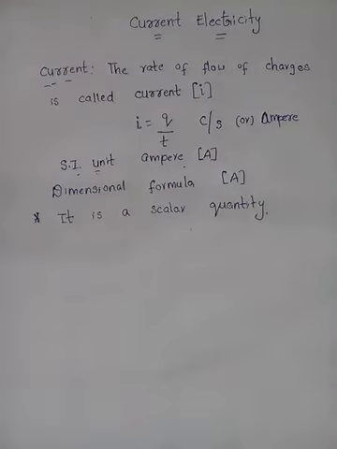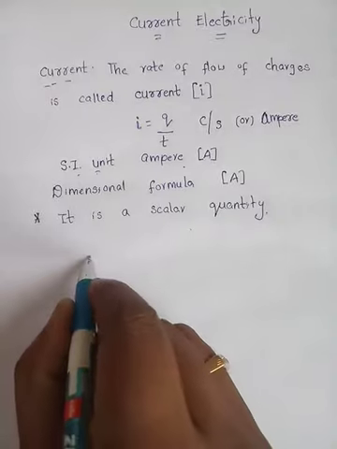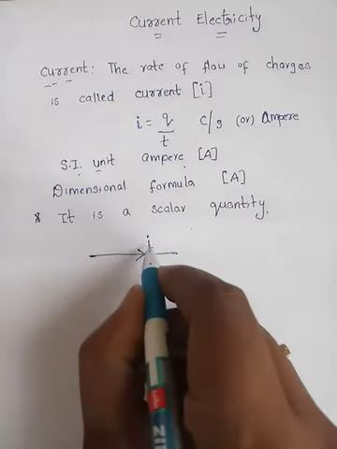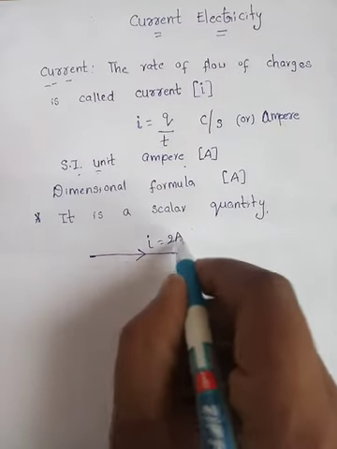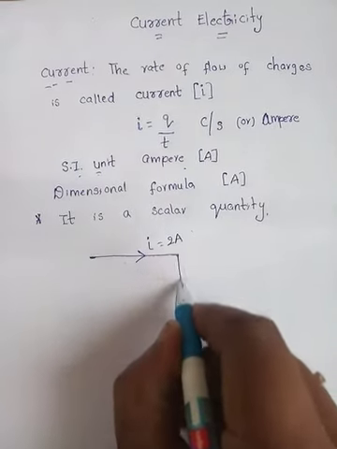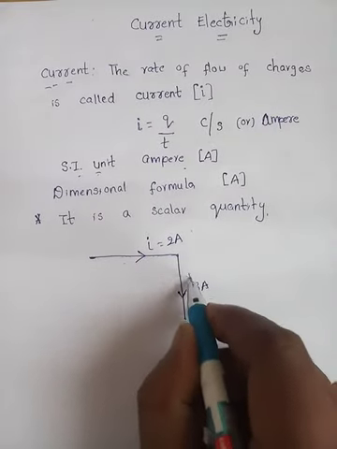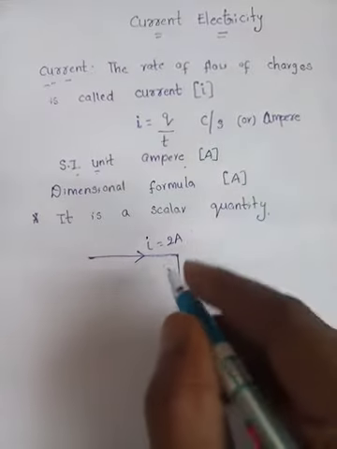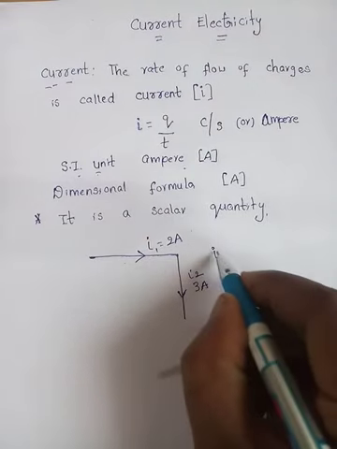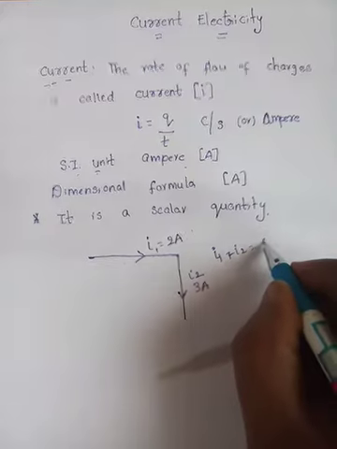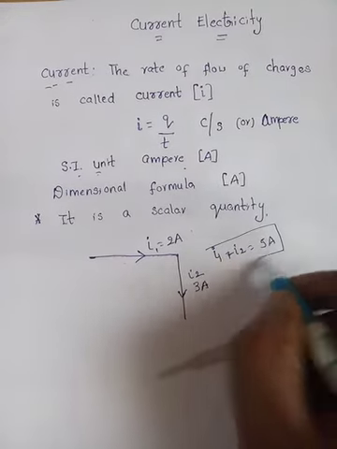See, I will give an example. For example, a current I1 of 2 amperes is flowing in this direction. One more current I2 of 3 amperes is moving. So the total current flowing is I1 plus I2, which equals 5 amperes.